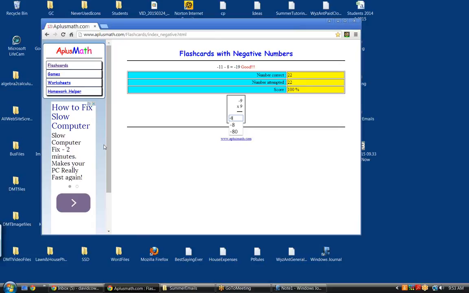Negative 81. Negative 2. All right, that's enough. Good practice. Okay, good. You're getting better at those. That's going to help your math skills tremendously.